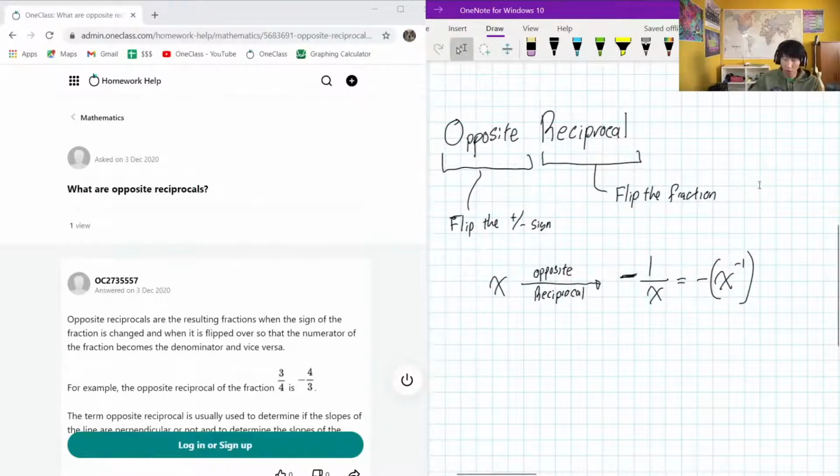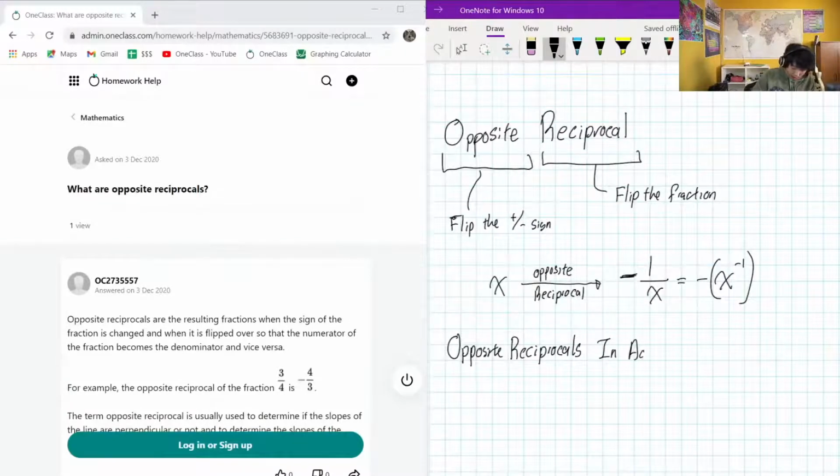Okay, so why is this useful? Opposite reciprocals are useful in action. They are useful when we are looking for perpendicular lines.